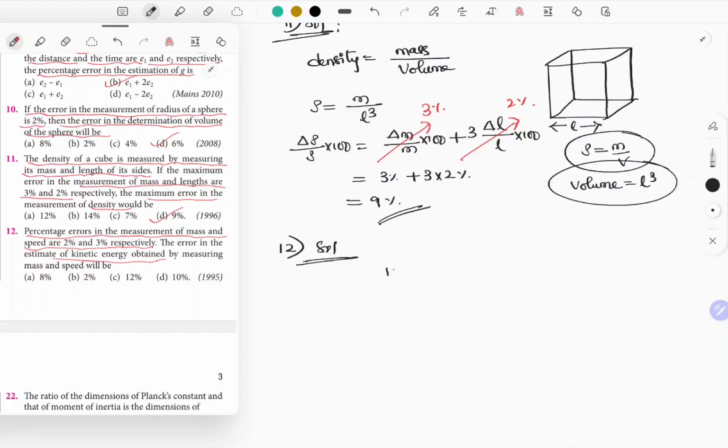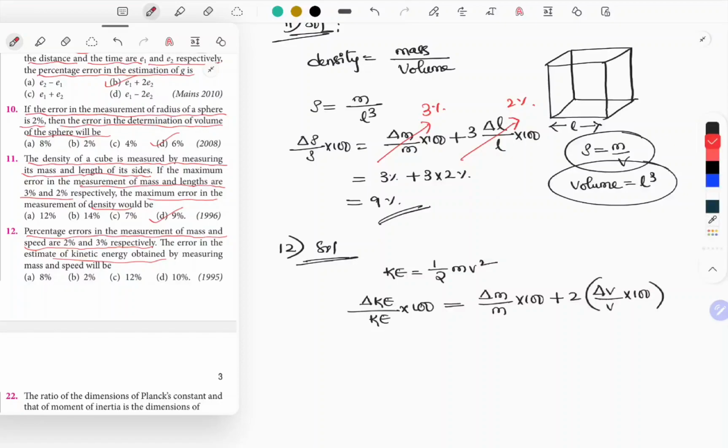Okay. So what about kinetic energy formula? Kinetic energy is equal to 1 by 2 m v square. I need percentage error in the measurement of kinetic energy. Then delta KE by KE into 100 is equal to, there is no error in the measurement of 1 by 2 because it is a constant. Then the error in the measurement of mass is delta m by m into 100 plus 2 times delta v by v into 100.